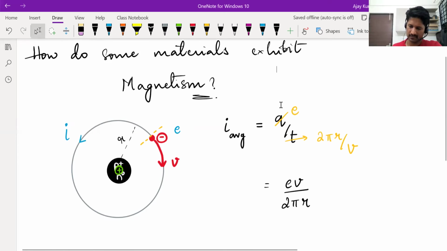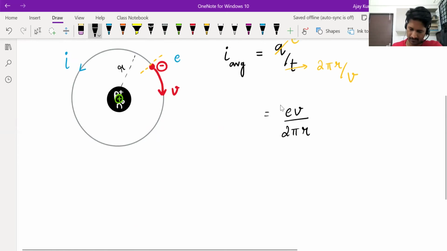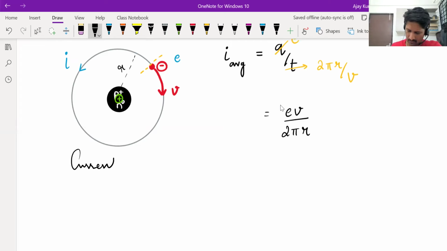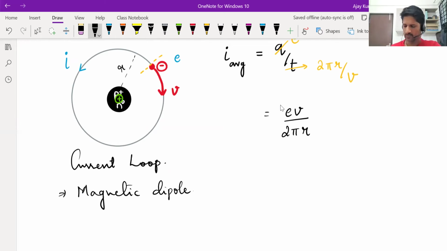It's a current loop. That means it is a magnetic dipole. So in this case itself, you tell me, the electron is revolving clockwise, so the current is anti-clockwise. Which side of this loop is the north pole and which side is the south?